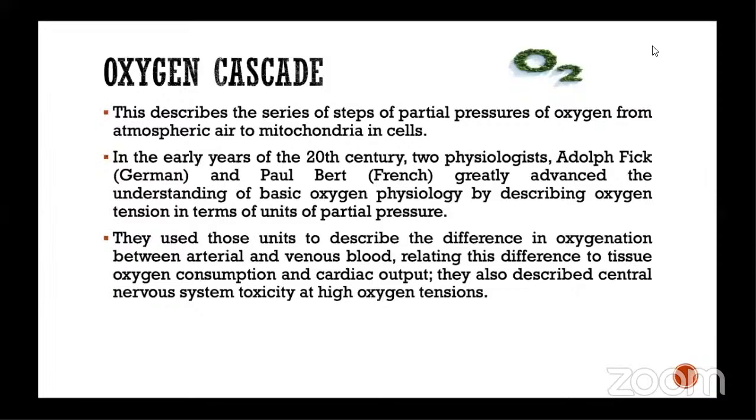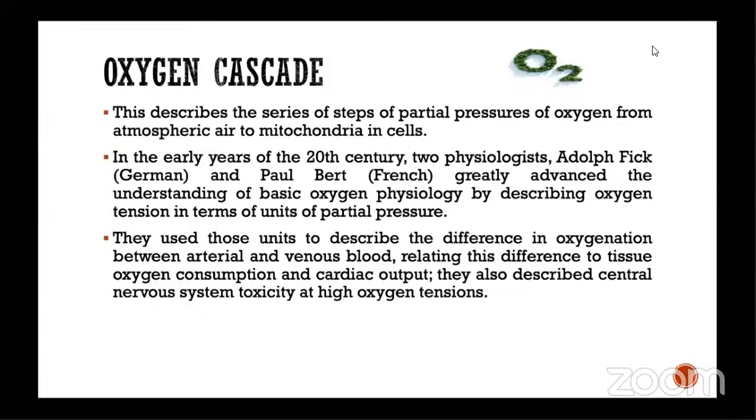Now, the physiology of oxygen transport has been made possible because of these two scientists, Adolf Fick and Paul Bert. They greatly advanced the understanding of basic oxygen physiology by describing oxygen tension in terms of units of partial pressure.